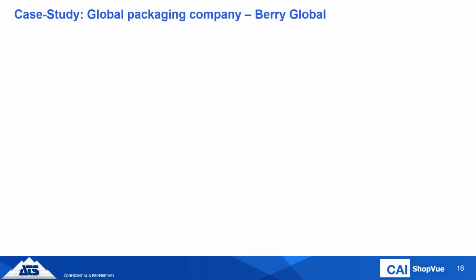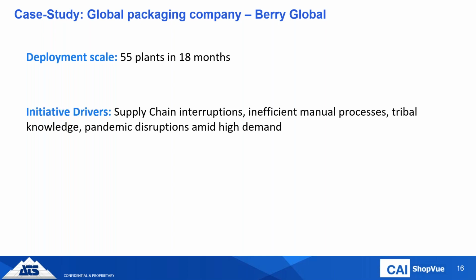Yeah, so complexity is one thing, efficiency is another. And so I want to focus on the efficiency on this case study. This is a large customer of ours, Berry Global packaging company, and they are one of the largest in North America. We did a very large project for them.